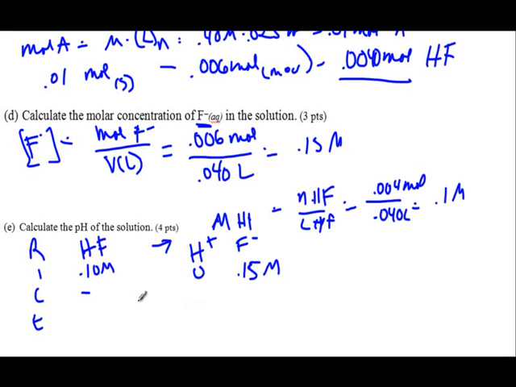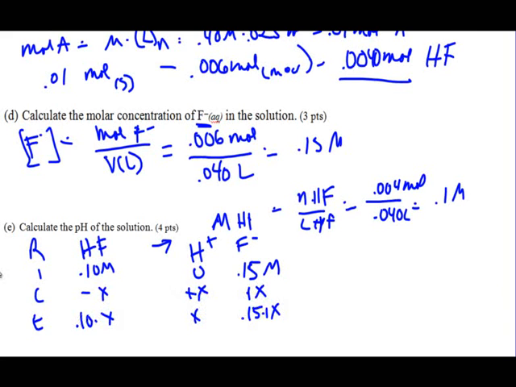I'm going to lose some HF, minus X, so my ending is 0.1 minus X. I'm going to gain an equal amount here, so this is X, and this is 0.15 plus X.